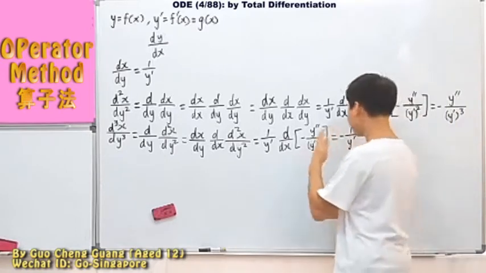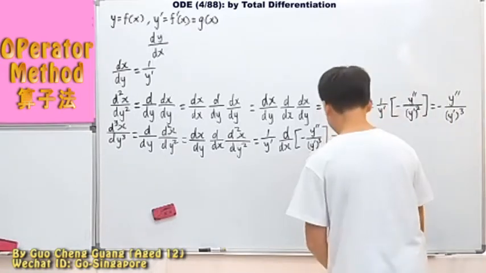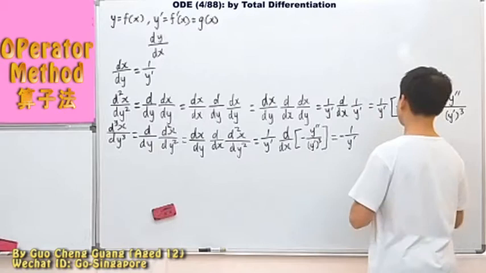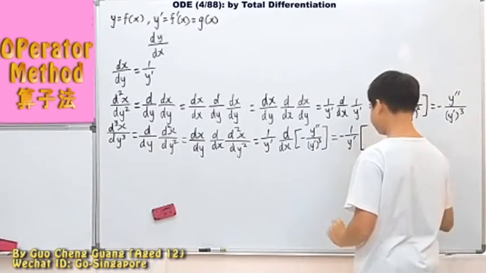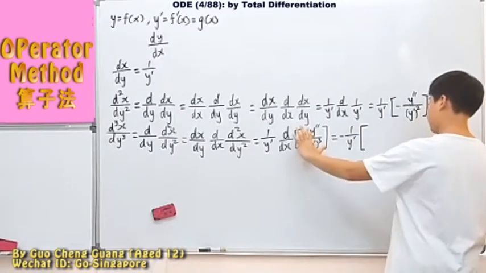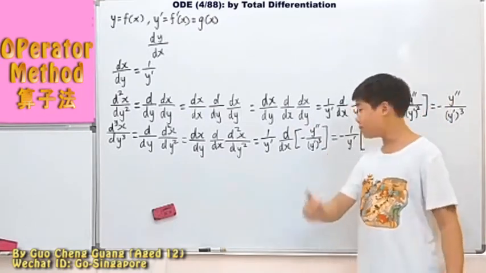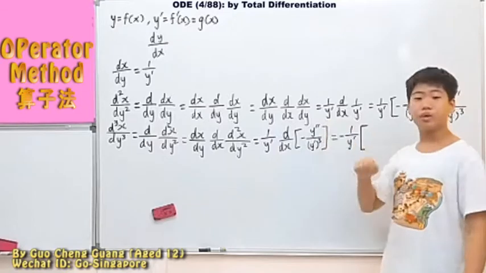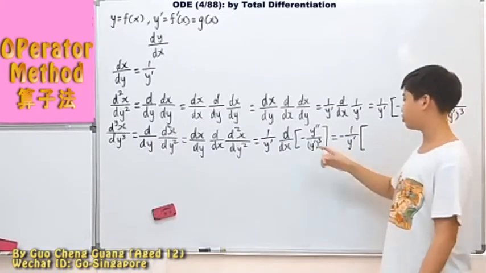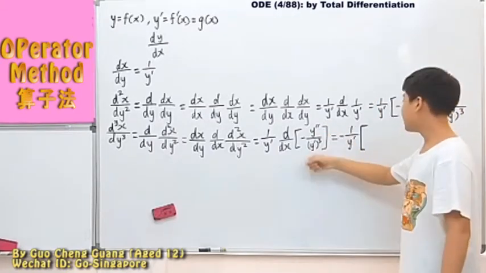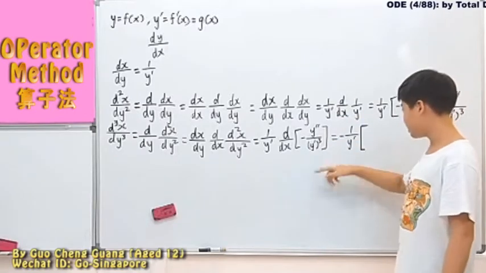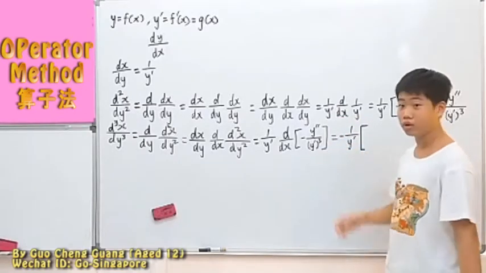Of course, you both need to differentiate. But at this part, we do have two methods. One method is using the quotient rule: you differentiate this part times, after that you minus, differentiate this part times, after that below square.